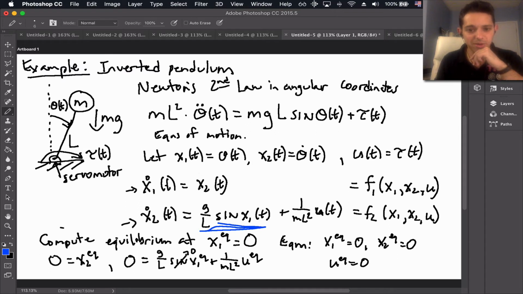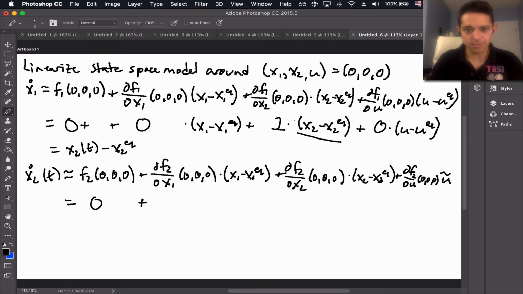Okay, so the derivative of this with respect to x1 is going to be g over L cosine x1, and then we're going to evaluate it at 0.